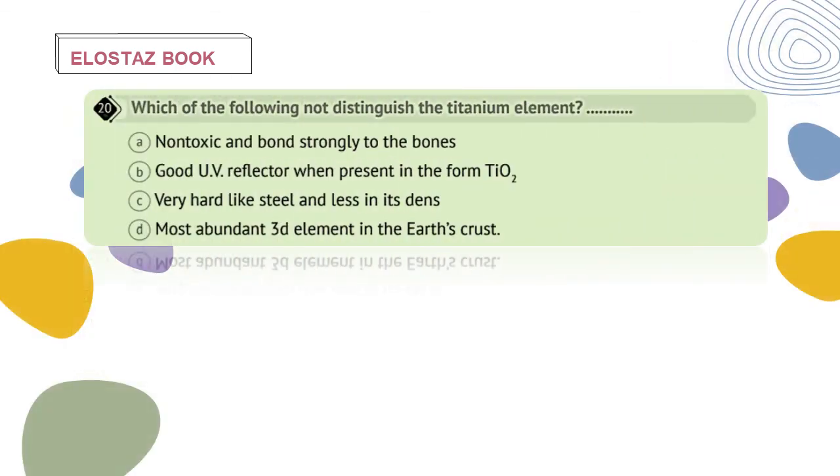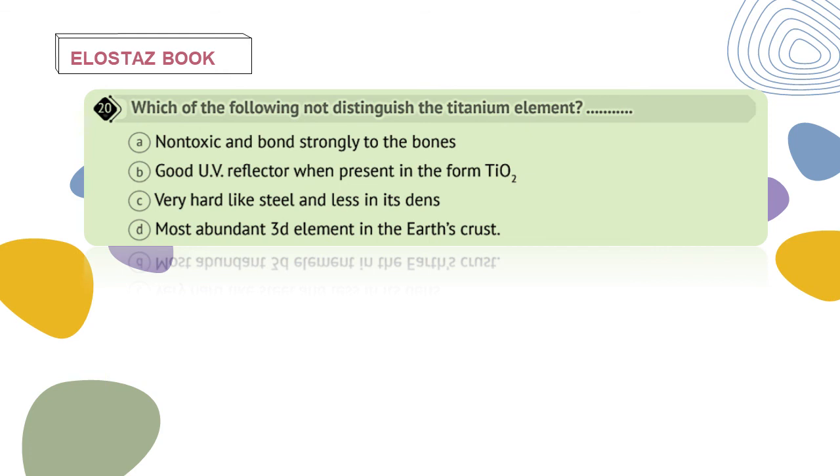Question 20 says: which of the following does not distinguish the titanium element? It's one that is not a property of the element. We said that it's non-toxic and bonds strongly to the bones, which means it is used for X-ray and photographing, and it is a good ultraviolet reflector, present in the form of titanium dioxide, which disperses the ultraviolet rays, used in cosmetics to make protection or sunblocks.